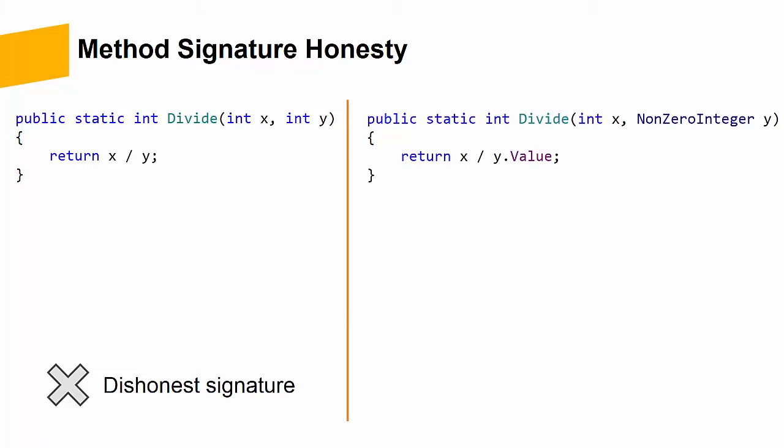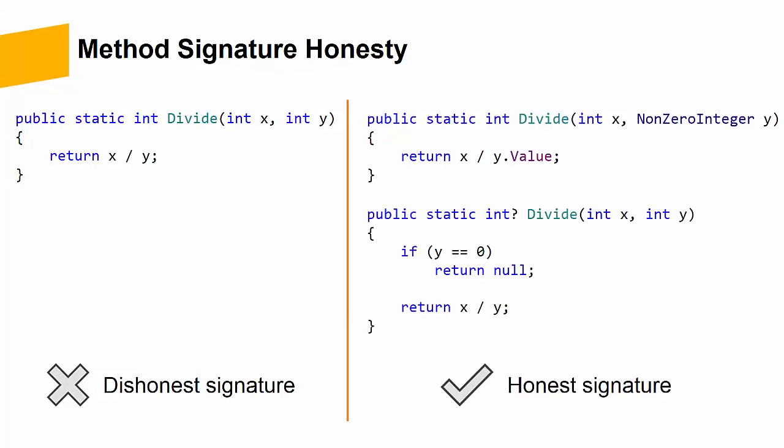And that way, we will tell the possible client of this code that there is some edge case in the y parameter, and that it can turn into any integer except 0. And that way, we will make the signature of this method honest. The second way is to change the type of the output parameter from integer to nullable integer.